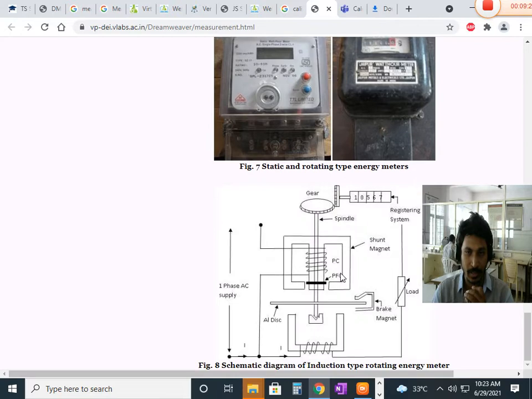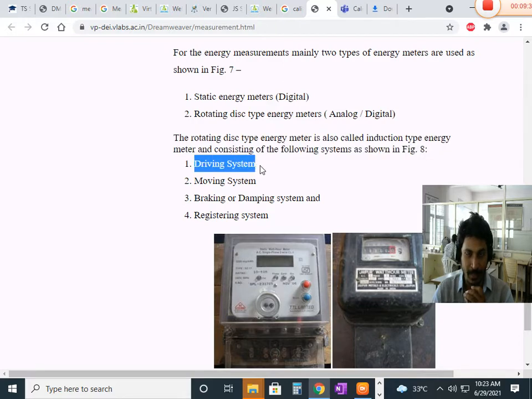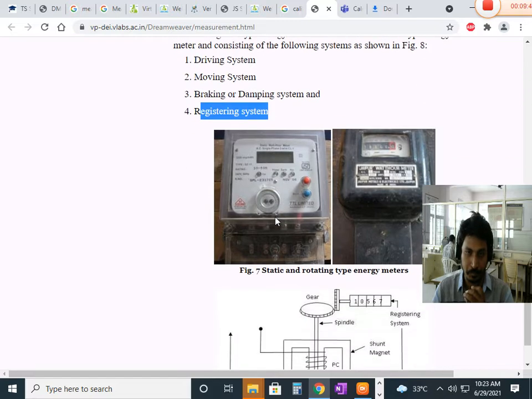How many systems are there? First is the driving system, then the moving system, then the braking or damping system. Damping means to kill the oscillations. Next one is the registering system.